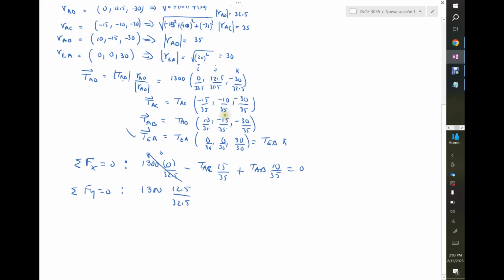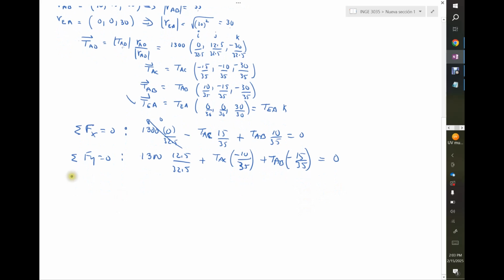And now we move to the other one, so it's gonna be plus, that's a variable, TAC times, in this case, minus 10 over 35. And now we move to this guy, plus TAB. It's negative, so write it down. Don't screw up these numbers. Over 35. And now how about the TEA? There's nothing here. It's 0, so equals 0. There's nothing more on that equation.